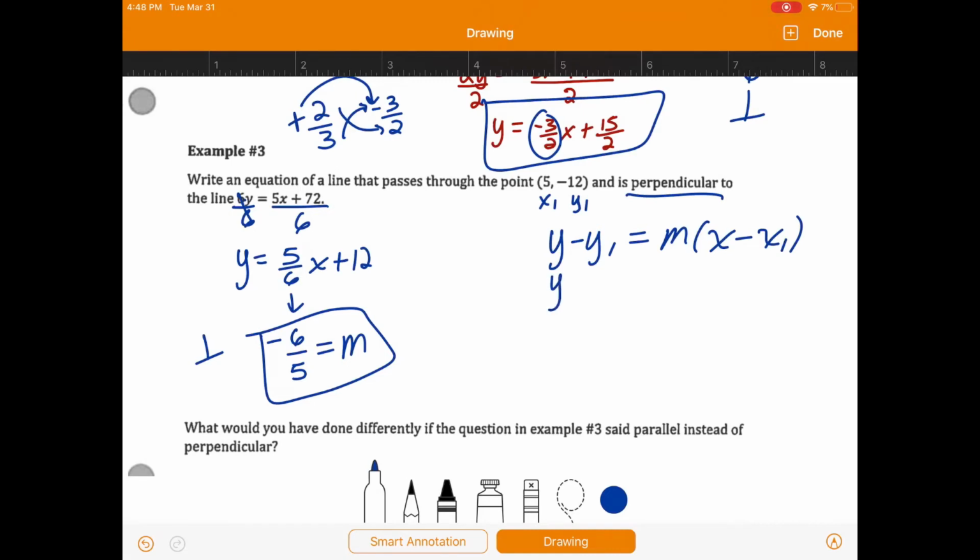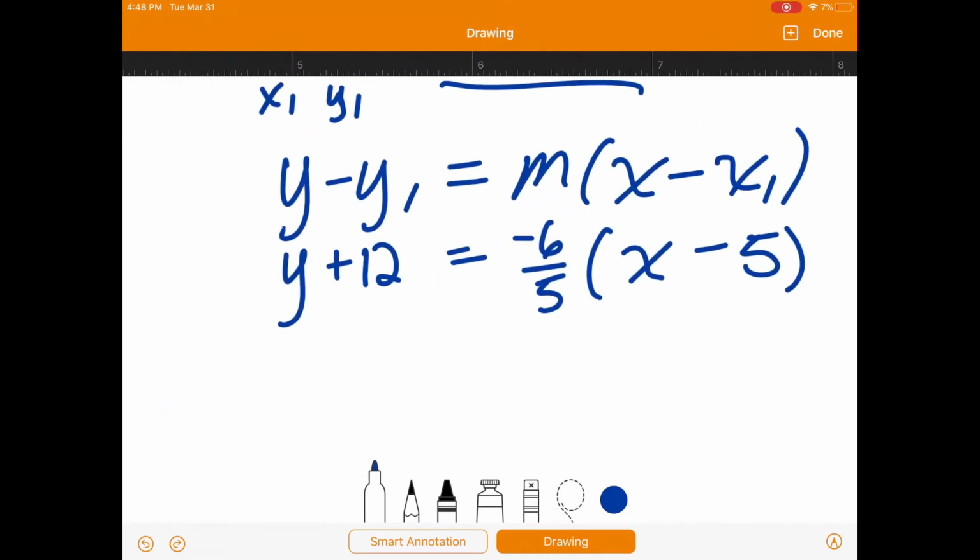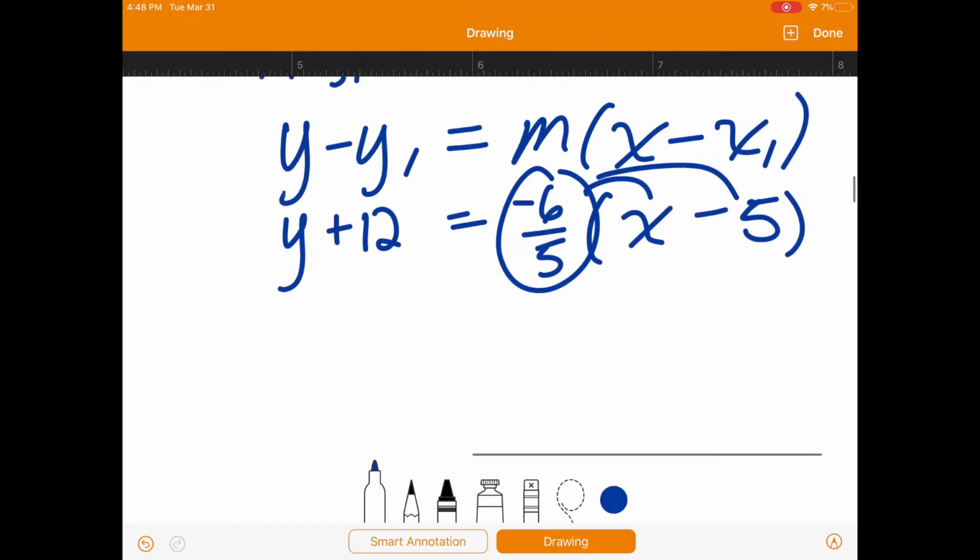So y minus a negative 12 is going to be plus 12. The slope is negative 6 over 5. And then for the x, it's going to be 5 from right here. So we're going to distribute this fraction to both pieces here.